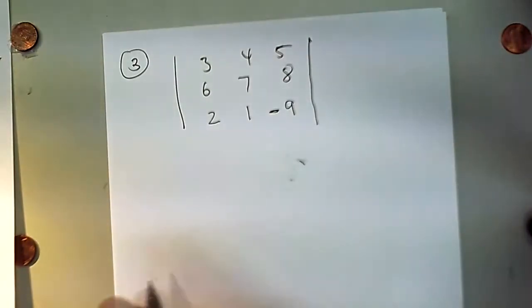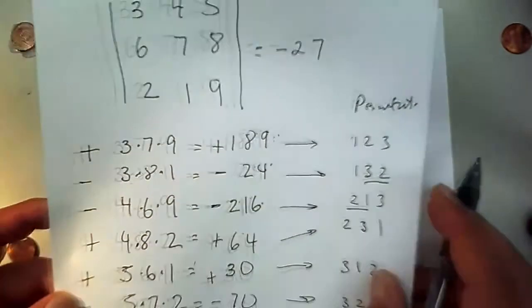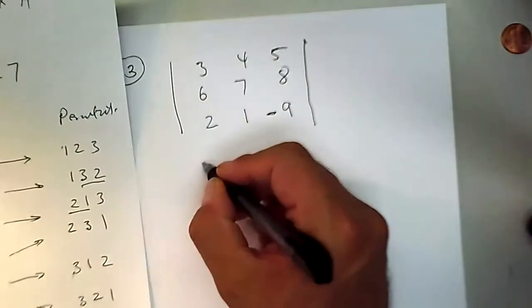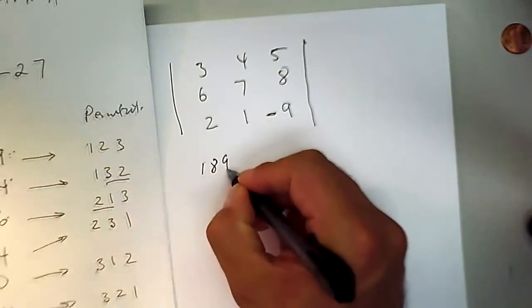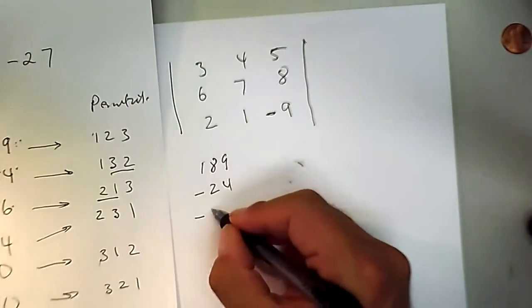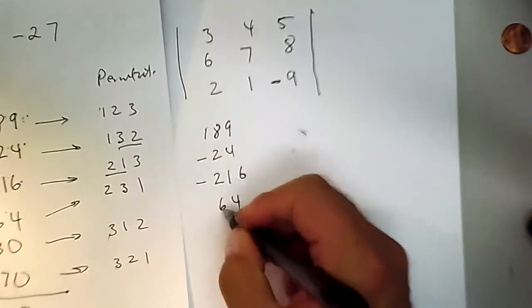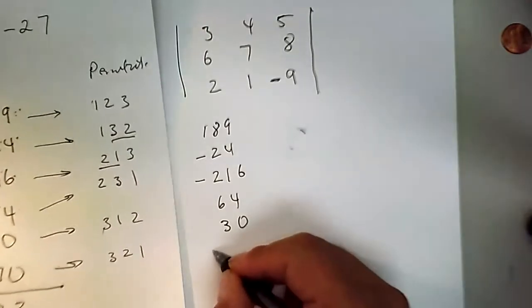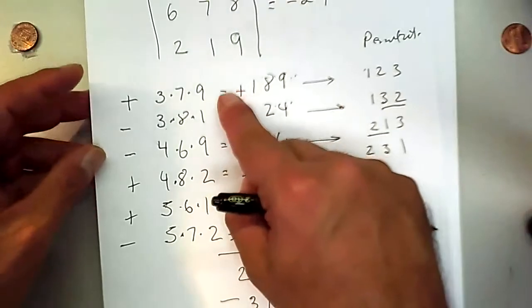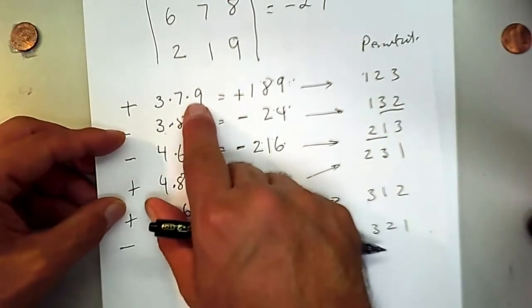Oh, the negative 9. How are we going to address the negative 9? Now, the numbers we got here are 189, negative 24, negative 216, 64, 30, negative 70 from those products. The ones that have the 9 are going to be altered because instead of a 9, we're going to have a negative 9.